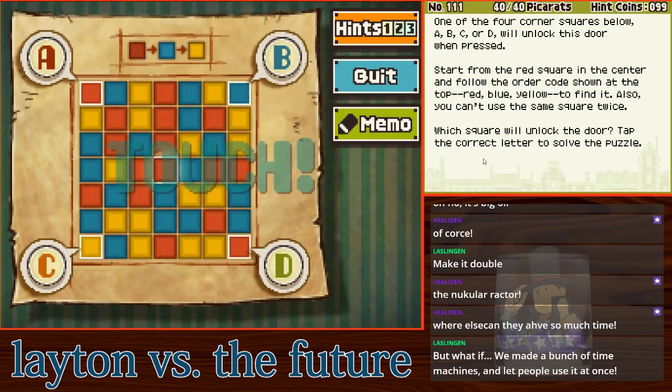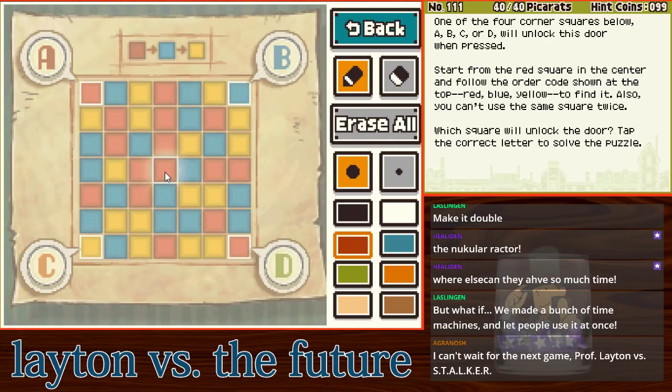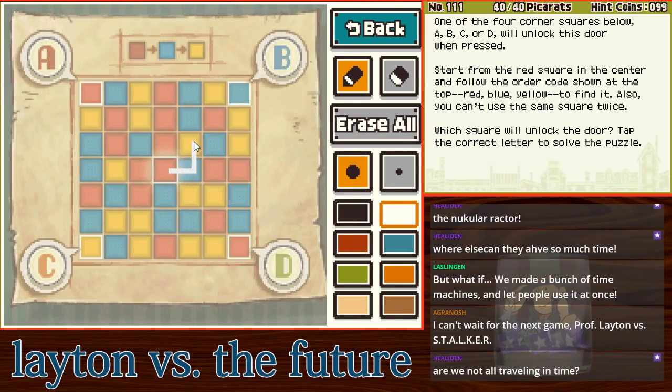I guess. One of the 4 corner squares below, A, B, C, or D, will unlock this door when pressed. Start from the red square in the center and follow the order code shown at the top, red, blue, yellow, to find it. Also, you can't use the same square twice. Okay. Red, blue, yellow. Red, blue, yellow.